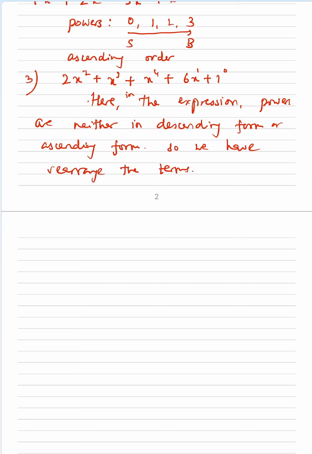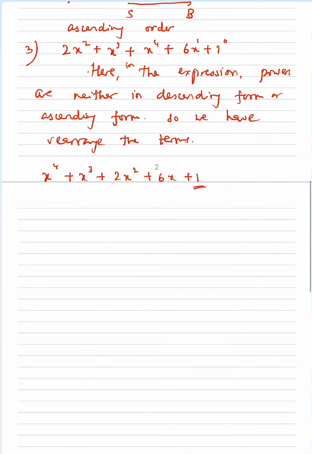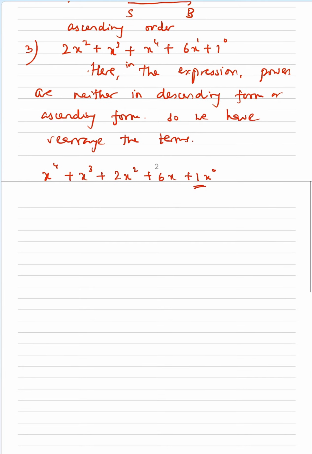That is, first we will write x raised to 4, then we will write plus x cube, then plus 2x square plus 6x, but will plus 1 come here? Will 1? No, because x is raised to 0. So again this is not the right way.